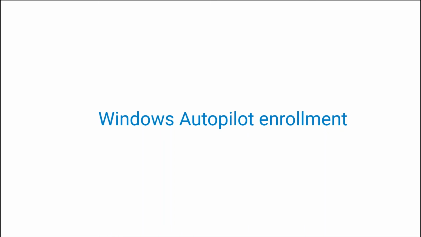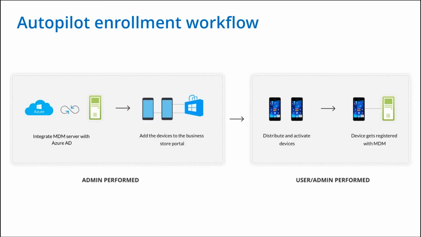And using those cloud services, we were able to enroll your iOS devices or your Android devices into the MDM. So Microsoft is just not going to sit like that. They have their own enrollment option, which would be your Windows Autopilot enrollment. So let's see how the Autopilot enrollment works.